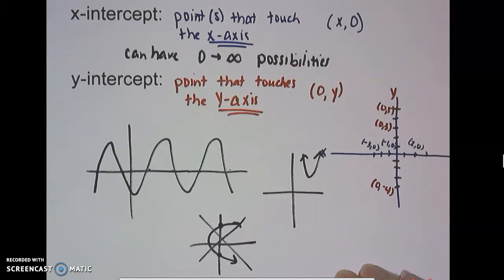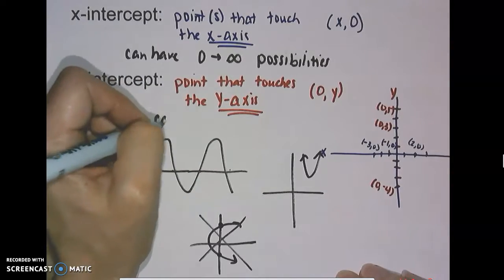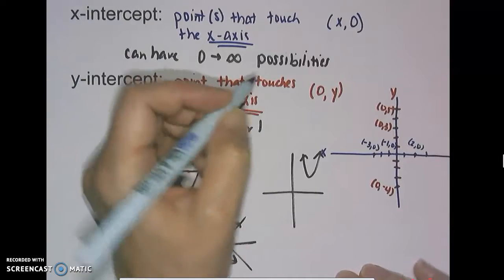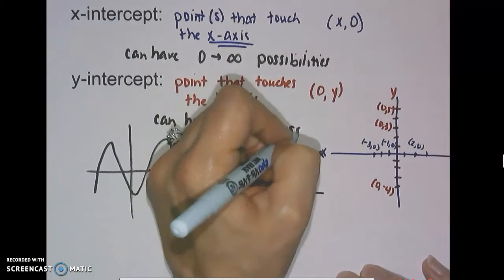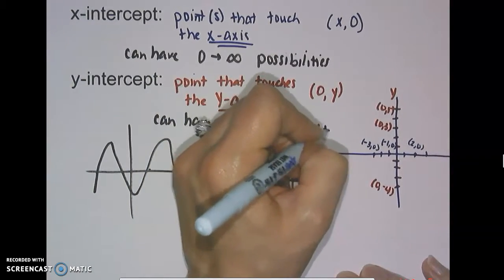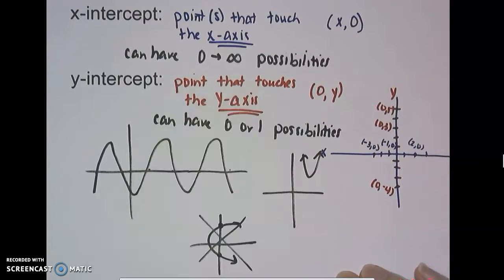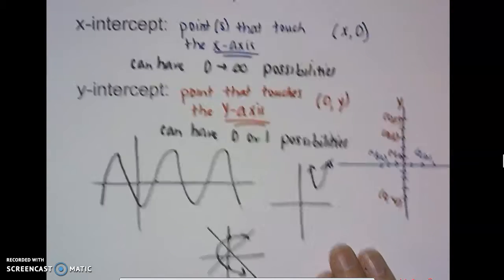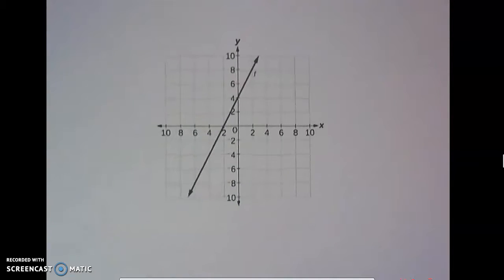So to be a function, you can have 0 or 1 possibilities. The maximum number of times it will cross the y-axis is once in order for it to be a function. Okay, so keep those in mind. Now let's look at some actual examples of this. We're going to be finding the x and the y-intercepts.